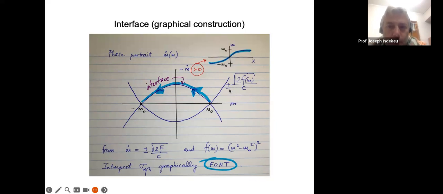And these are plus or minus the square root of 2f over c. The plus is this part here, and the minus is the part that is below the horizontal axis.